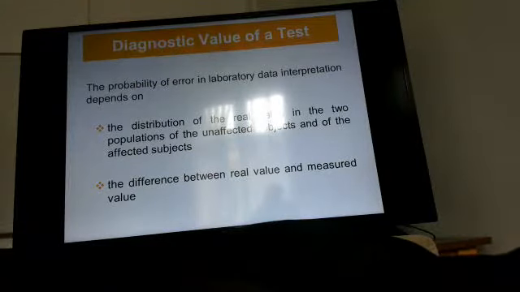If you are looking at a glucose level, you have to be sure that this glucose level reflects the condition of the patient. We saw the example of the stool samples that can be modified. In this case, the microbiological evaluation of the faeces has a poor diagnostic value, and usually you want high diagnostic value, because if you cannot trust the results, you are not able to take your decision.